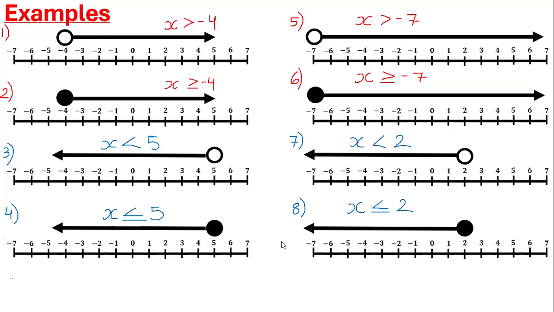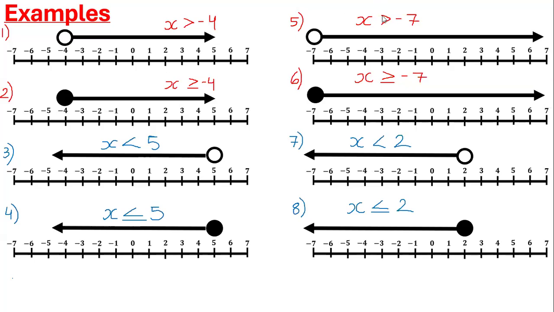Is 7 greater than -4? Yes. So that means we're gonna put it to the right. That's why we have this big open sign here, because it's greater than. So X is greater than -4. Does that make sense to you? Yes, sir. Good.